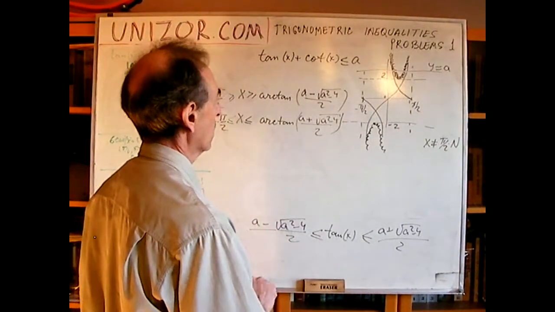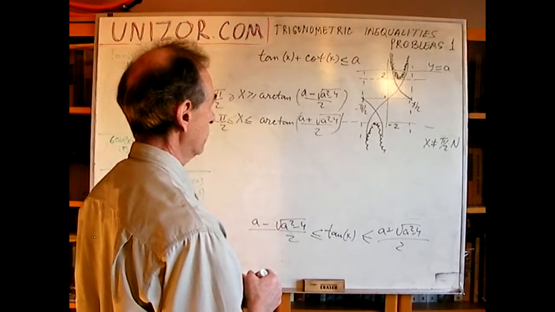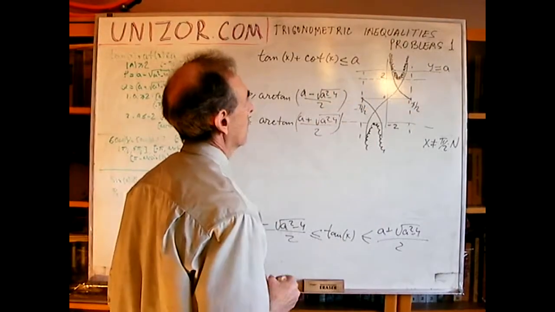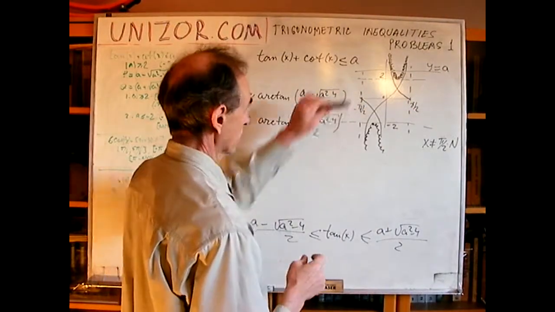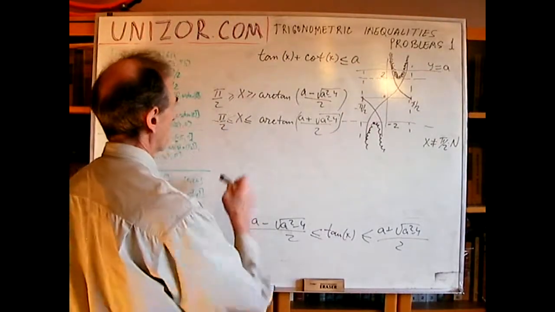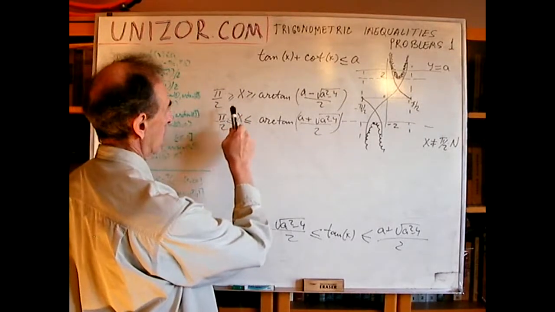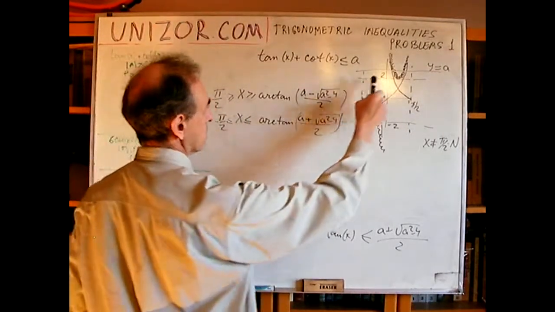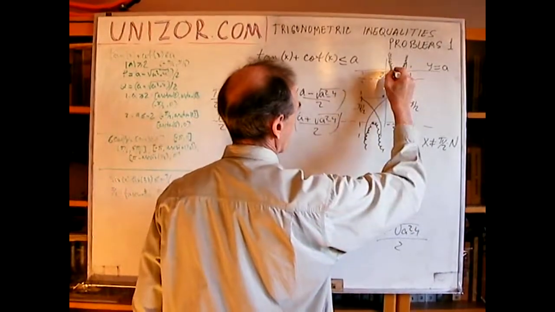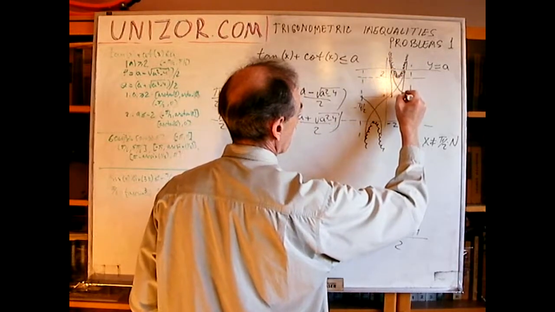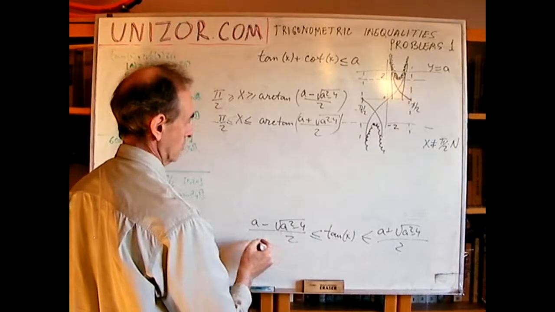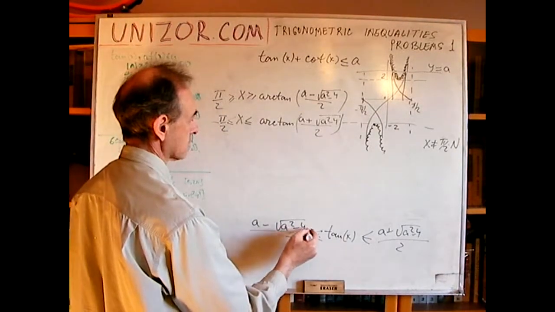All right, so what we can say is the following. If a is somewhere here, above 2, then we can say the following. These two points represent arctangent of a minus square root of a squared minus 4, and arctangent of a plus square root.